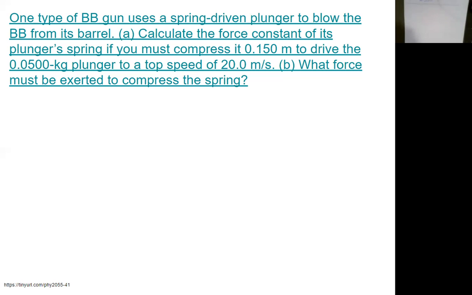So this one tells you you must compress it 0.150 meters. So that's your amplitude. And the mass is the plunger's mass, 0.0500 kilogram. So you have A, you have mass. And then it says top speed, so that means Vmax.